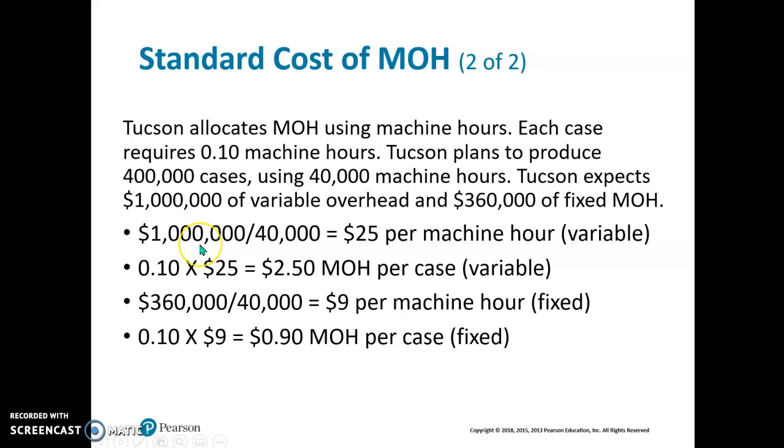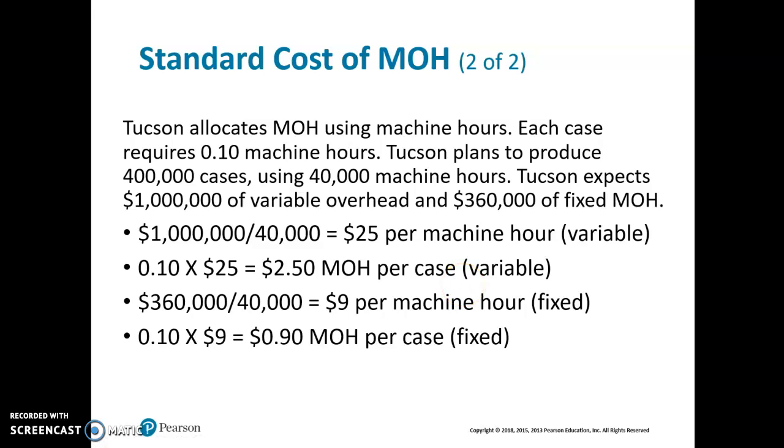So we're going to take $1 million divided by 40,000 machine hours, which gives us $25 per machine hour. Make sure you write down that latter part. It requires 0.10 machine hours, so 0.10 times $25 gives us $2.50 of variable manufacturing overhead per case.